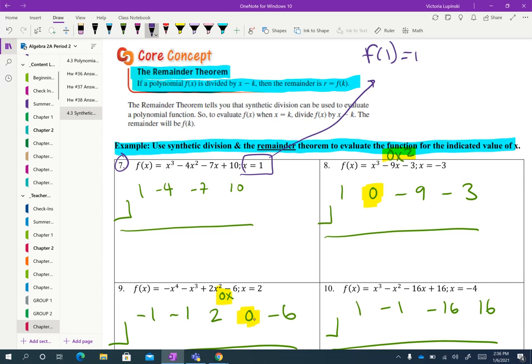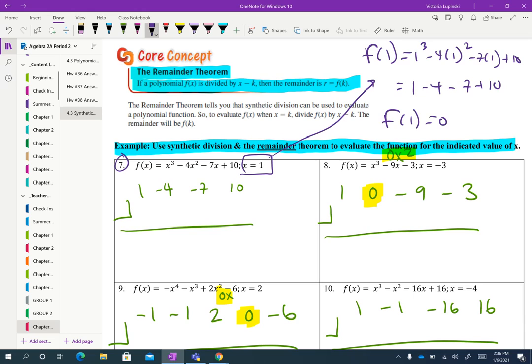Anywhere there's an x, put a 1. So we're going to do 1 cubed minus 4 times 1 squared minus 7 times 1 plus 10. 1 cubed is 1 minus 4 minus 7 plus 10. 1 minus 4 is negative 3, minus 7 is negative 10, plus 10 is 0, which means that f of 1 is equal to 0.